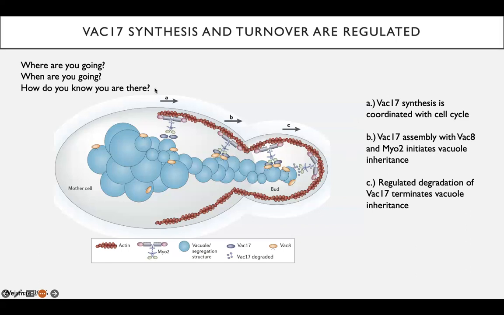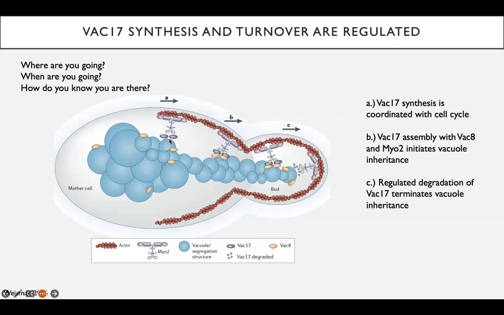And then, as part of knowing how the vacuole knows when it's in a daughter cell, it was also demonstrated that regulated degradation of Vac17 terminates vacuole inheritance.